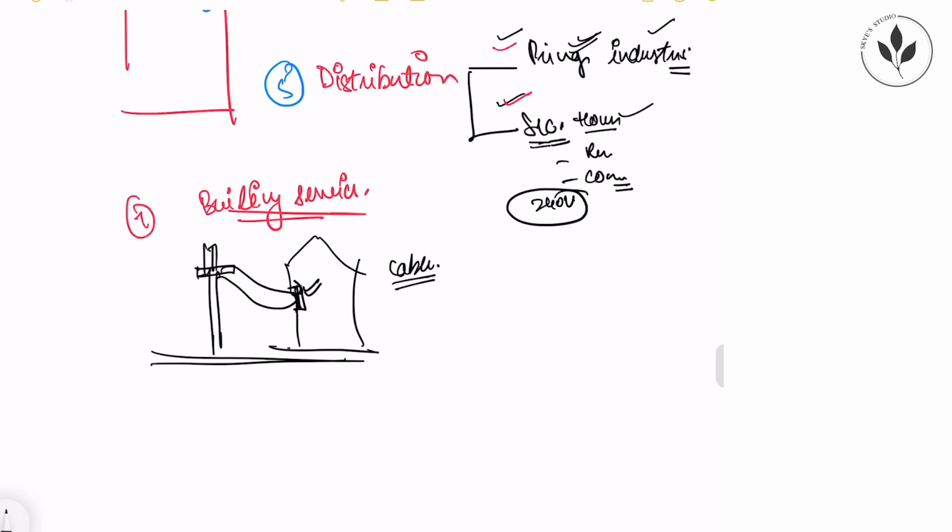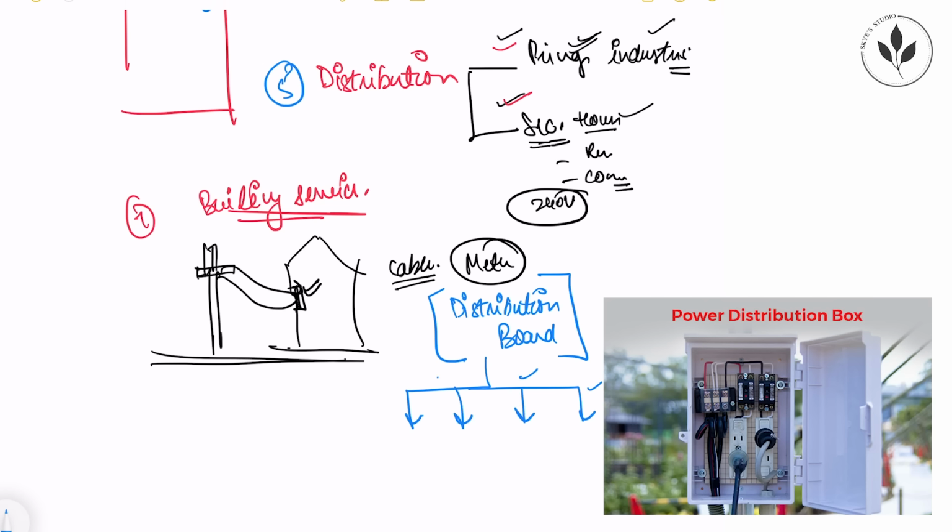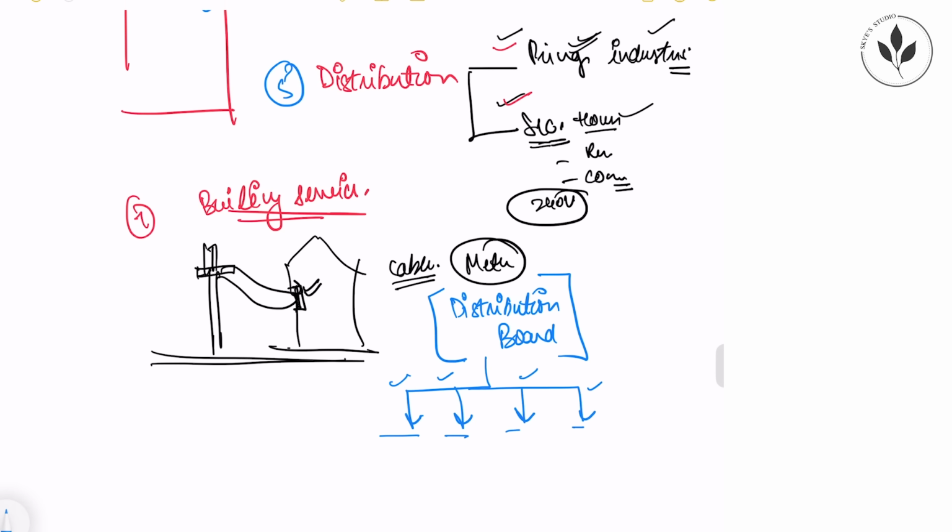And how is this electricity taken in the building? You might have heard about the meter, which in technical terms is called the distribution board. This is the board that further sends your electricity to your different sockets, different floors, and different areas where it has to be used. It is also the board which records the consumption of the building.